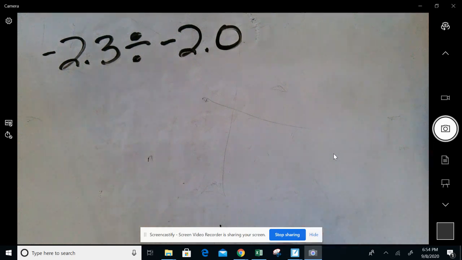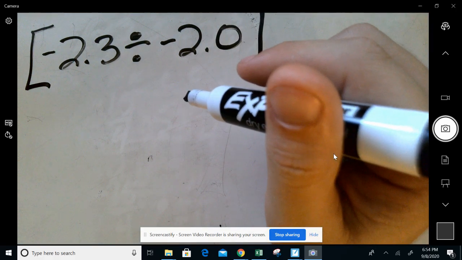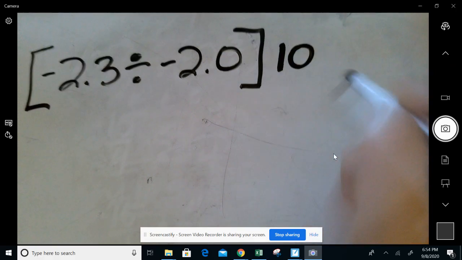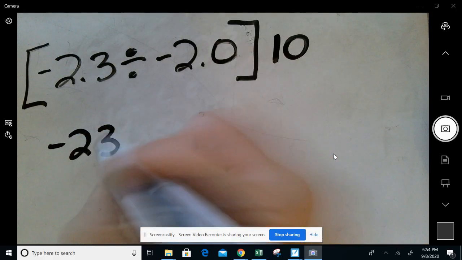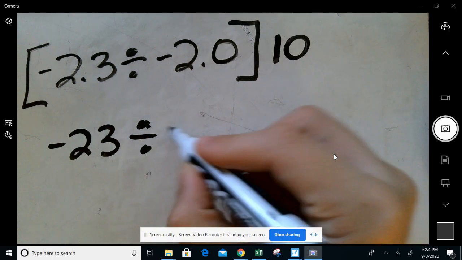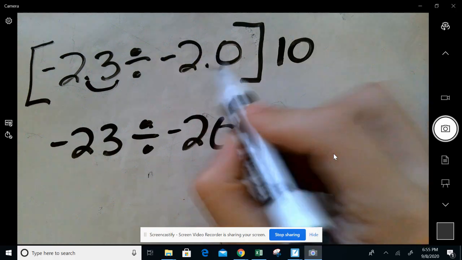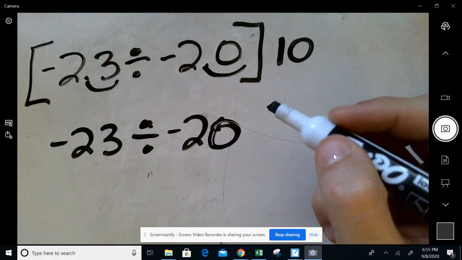So the first thing we can do, and here's the thing, if you do it to your whole expression, it's totally fine. So I put it in brackets just to show you, and I'm going to multiply everything times 10. What that does is it moves the decimal place 1 over, so now it's negative 23 divided by negative 20.